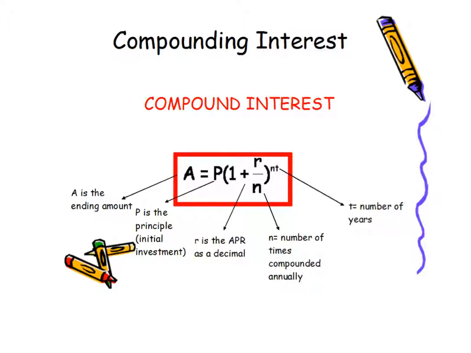Now, the compound part of it: when they compound the interest, that means they calculate how much interest you've earned, and then they put it in your account for you. That's a good thing, because by them putting extra money into your account, all of a sudden you have more money that you're earning interest on. And the more times they compound it, the more money you'll have to earn interest.